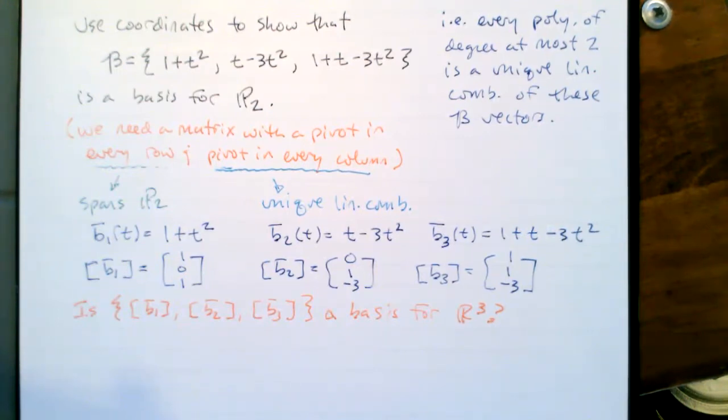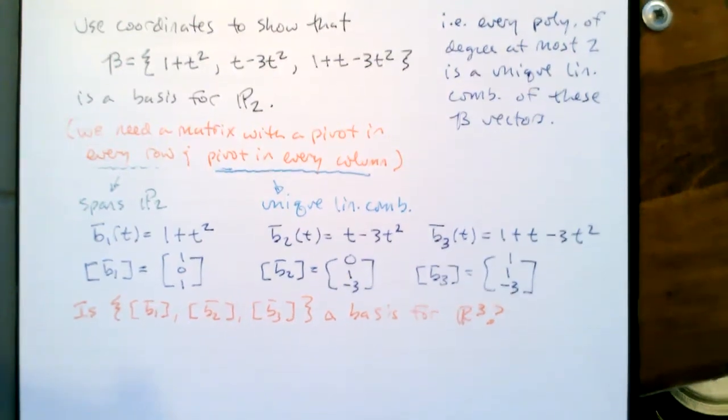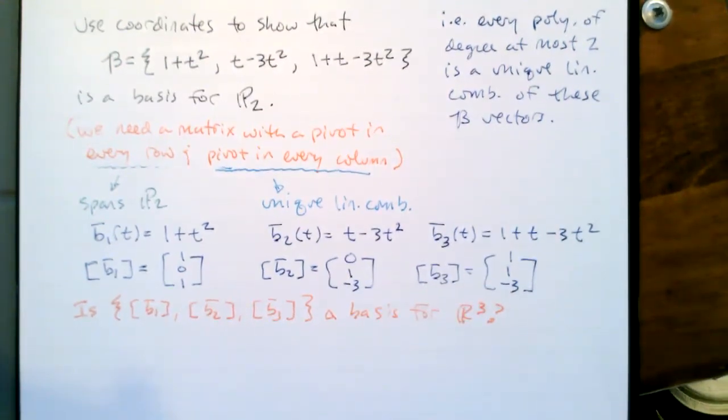Let's use coordinates to show that this set B is a basis for P2. Let's stop and think about what we need to see for that to happen. I want to make sure that I can write every polynomial of degree at most 2, that is everything in P2, as a unique linear combination of these B vectors.